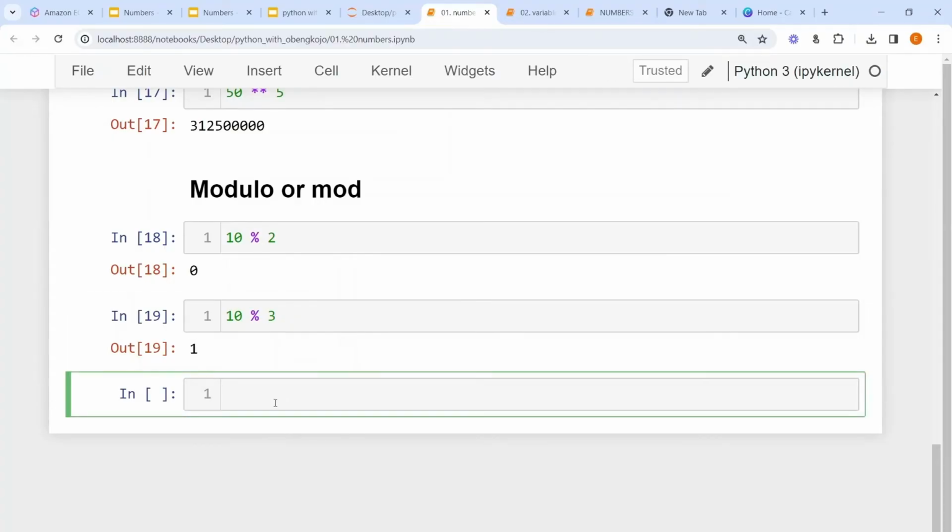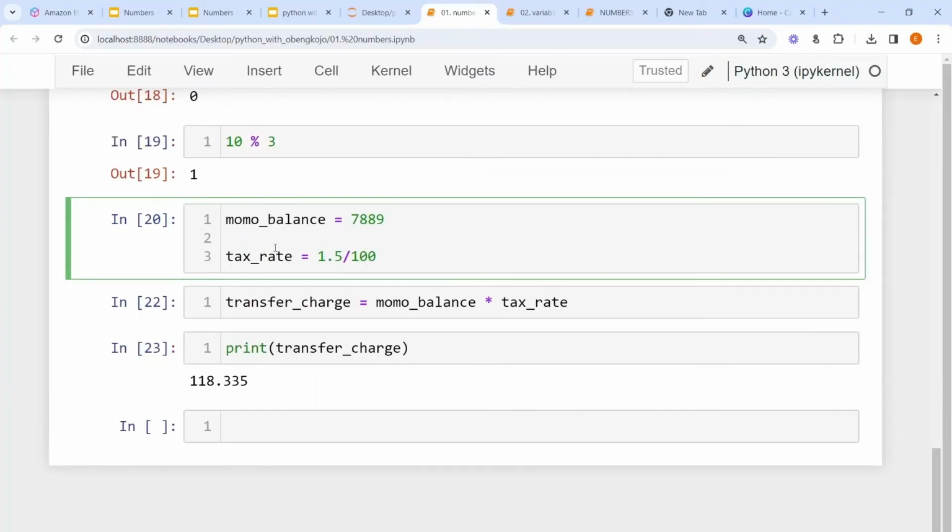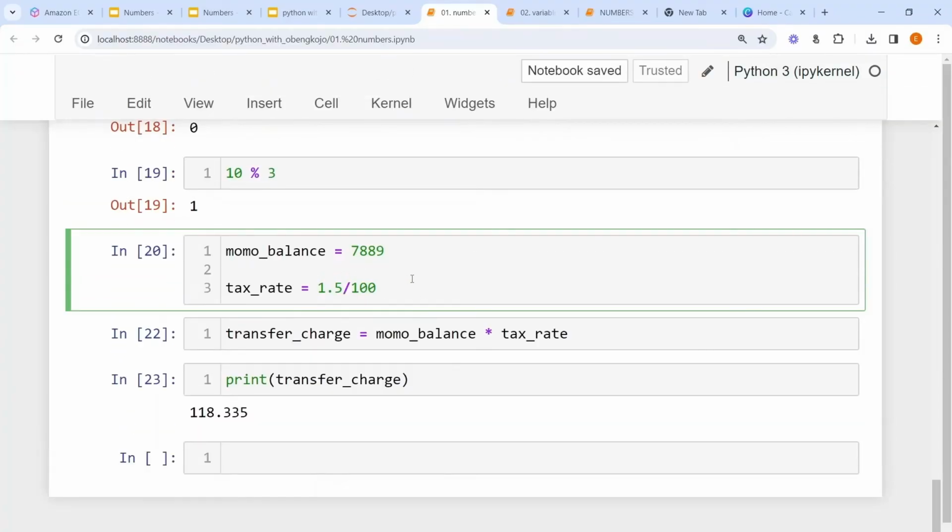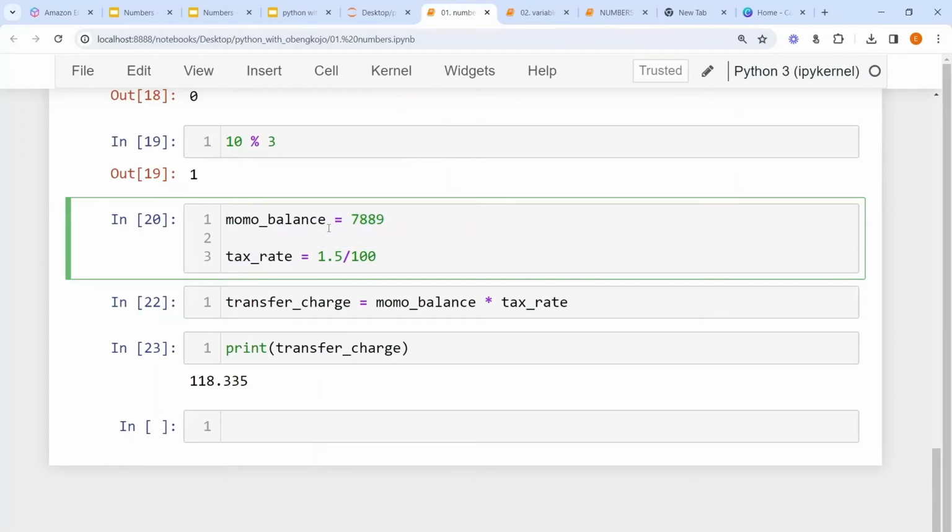Let's quickly do something. We'll be discussing variables later on, but let's just look at how we can make use of these things. Let's look at our daily challenge. How can we apply any of these things? Just to perform a simple mathematics, we know that in Ghana, whenever you transfer money, you are charged. So we are using Python to find out how much we're going to pay. In my Momo balance, that is my e-wallet, I have this amount of money, and the current tax rate is 1.5%, which is the same as 0.015.